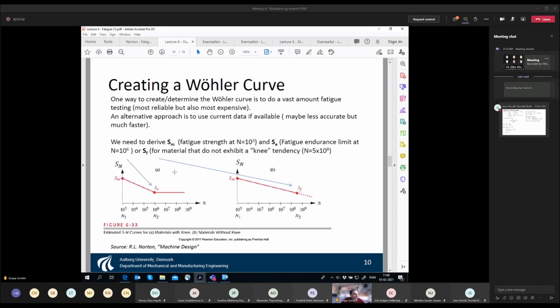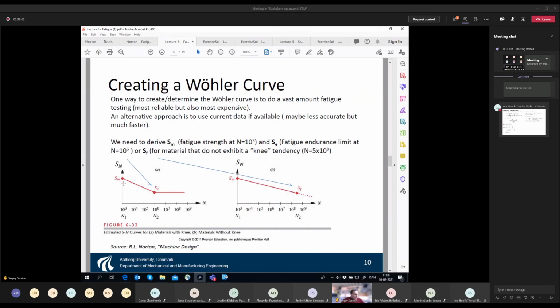in order to grasp the idea, let's just take a look at this. Can you see my screen? Yes. Okay, so I'm after this knee part. That's a little bit easier to explain.